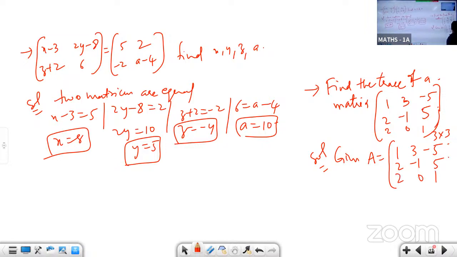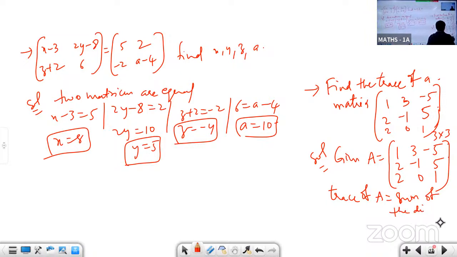Trace of A is nothing but the sum of the diagonal elements. Sum of the what? Diagonal elements. So that is nothing but 1 minus 1 plus 1. So this is nothing but trace. Is it clear?